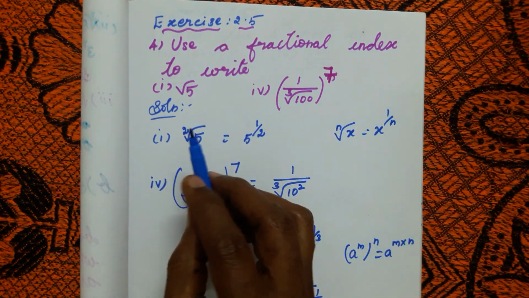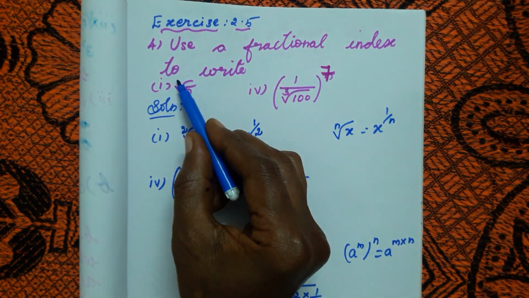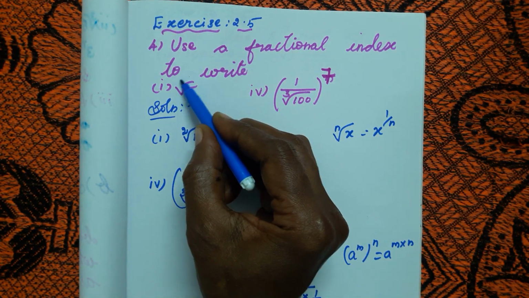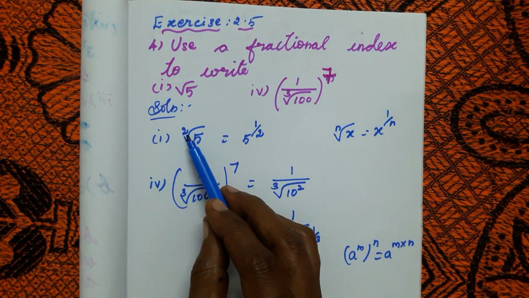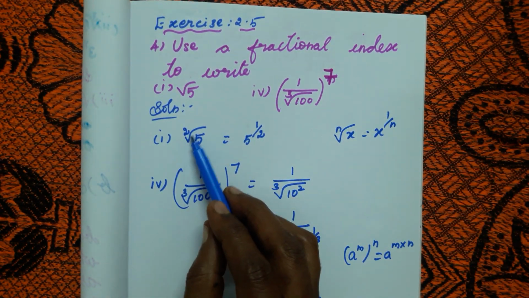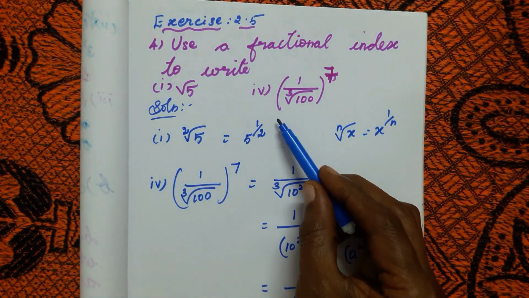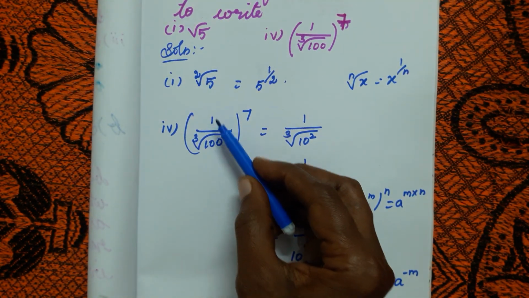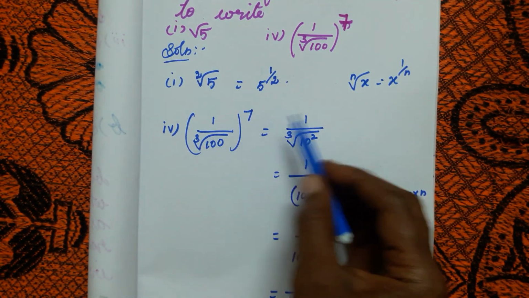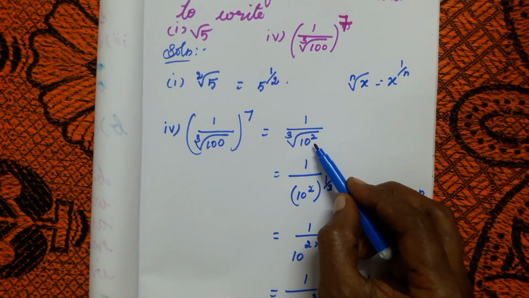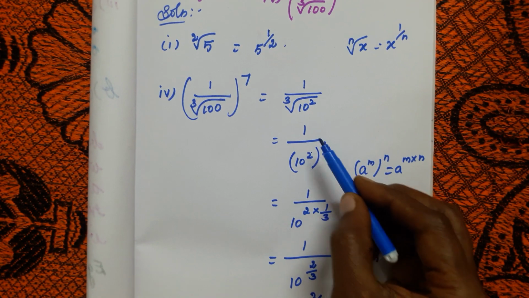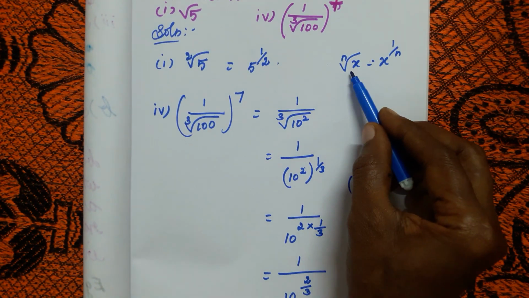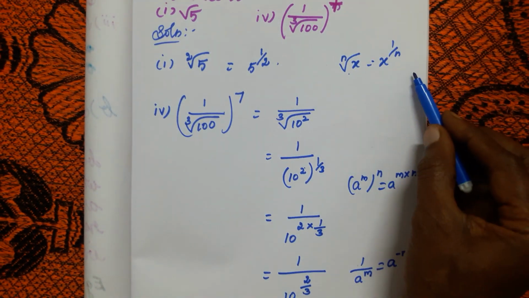So first, square root of 5. Here no power is given, meaning no index; if nothing is given we have to think that 2 is there. Square root of 5 is equal to 5 power 1 by 2. Now 1 by cube root of 100 the whole power 7 means 1 by cube root of 10 square. Nth root of x is equal to x power 1 by n.